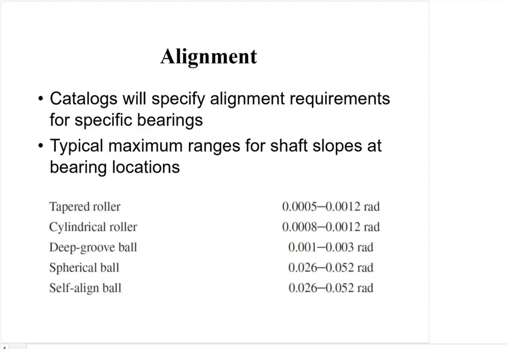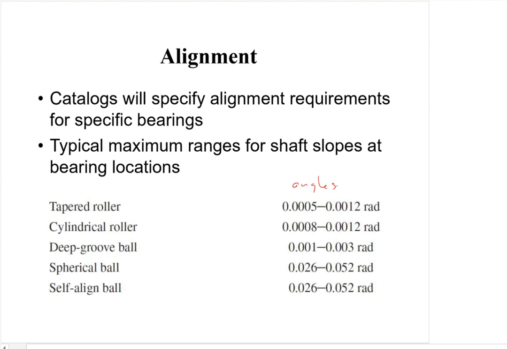Other than that, these things can't really take a whole lot of misalignment. So if you have multiple bearings, this becomes an issue, or if you have high shaft loads. So a couple things could cause angular misalignments. You notice these are in angles.